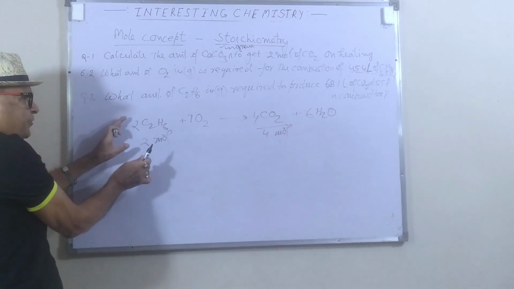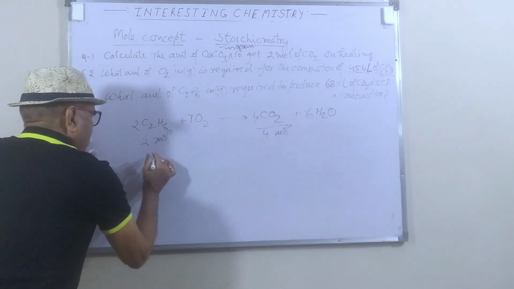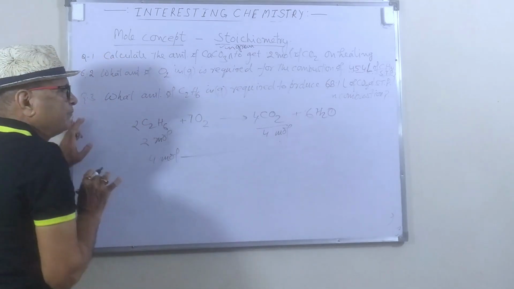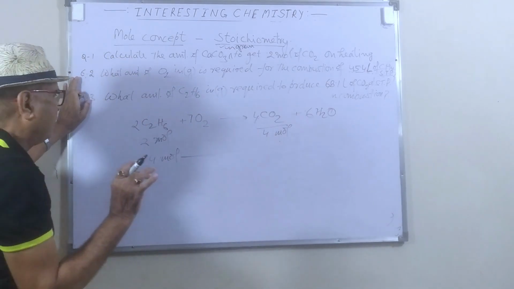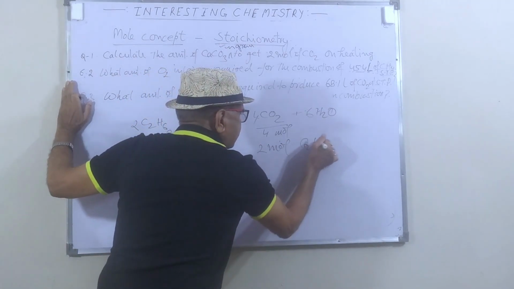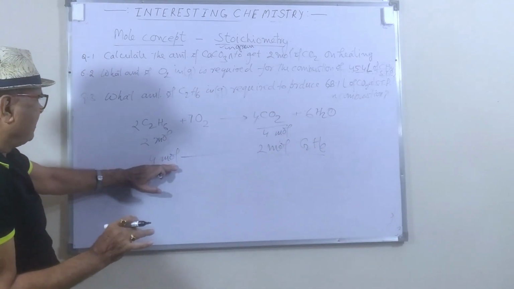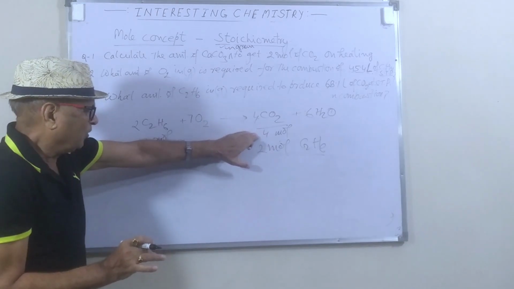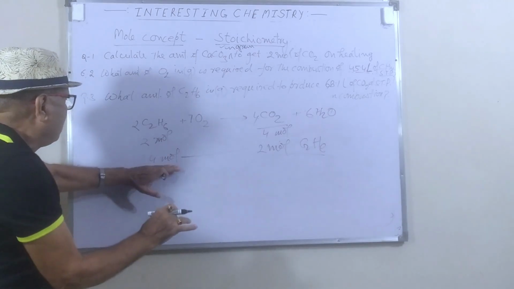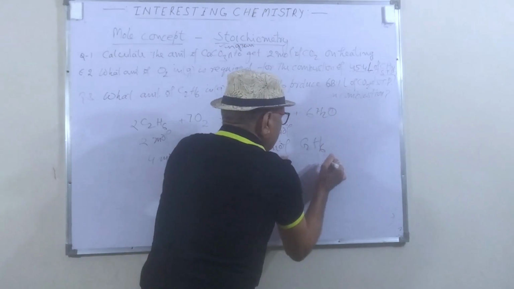This balanced equation tells you that 4 moles of CO2 are formed from 2 moles of C2H6. This equation tells us the 4 moles of CO2 are formed from 2 moles of C2H6.